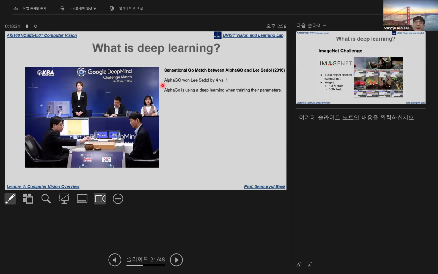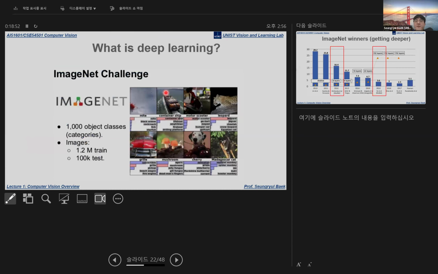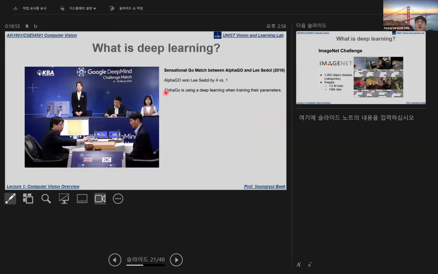After this event, many AI researchers, and also people other than AI researchers, became interested in AI and deep learning. This event is very famous even for the general person.